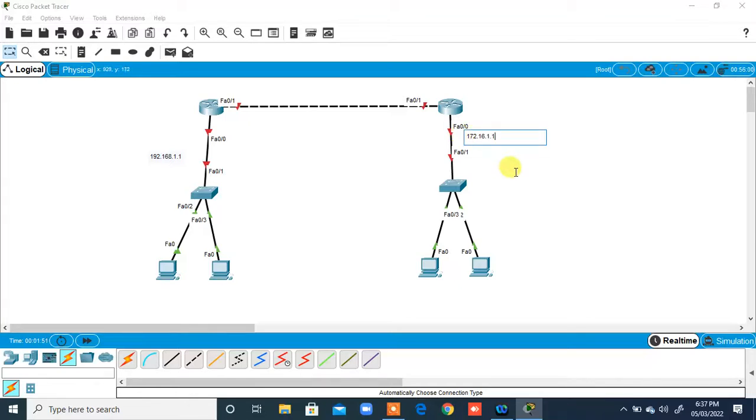This is a class B network. And here I am going to take one network which will connect my routers, let's say 20.0.0.1, and on the other side I will take it as 20.0.0.2. I hope this is clear to you.